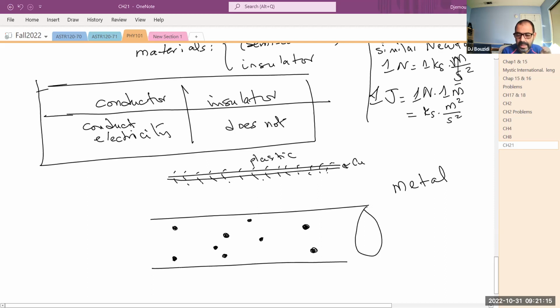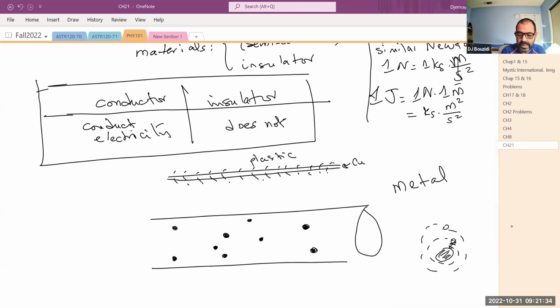Atoms have two components. They have the nucleus, and they have the outer shell that has electrons. Of course, there are inner shells also, and those inner shells have electrons that are well anchored into their atoms, so they are not going to move. It's the outer electrons that have the ability to move.